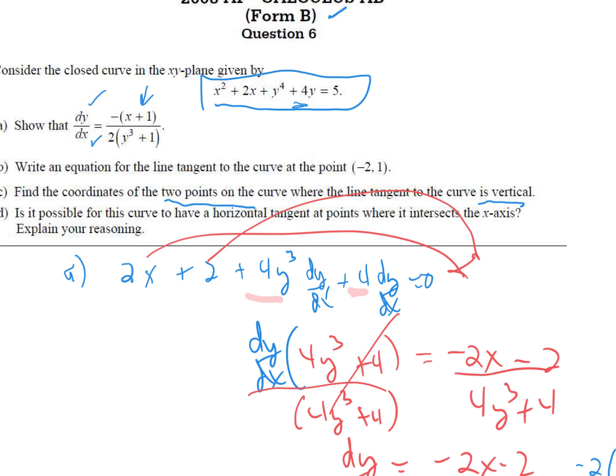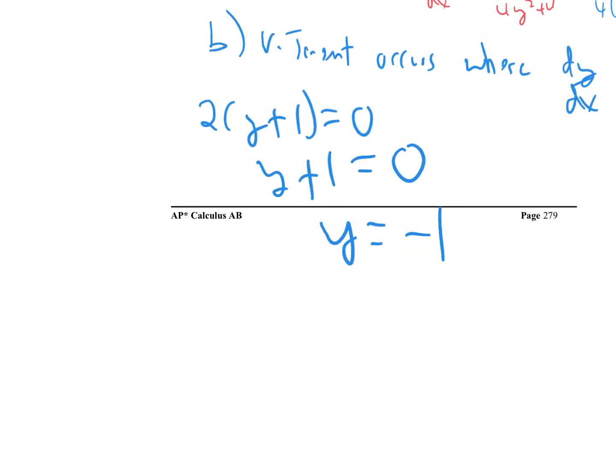So I'm going to write that out: x squared plus 2x plus y to the fourth plus 4y equals 5. Y to the fourth, right? Yeah, because it matched up with the 4y.